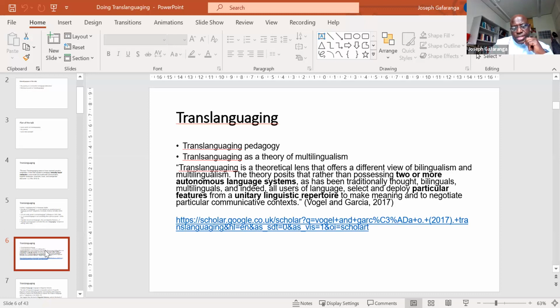The theory posits that rather than possessing two or more autonomous language systems, bilinguals, multilinguals, indeed all users of language select and deploy particular features from a unitary linguistic repertoire to make meaning and to negotiate particular communicative contexts. So translanguaging is a theoretical perspective on bilingualism and multilingualism, and that's why I am interested in it, at least for today.